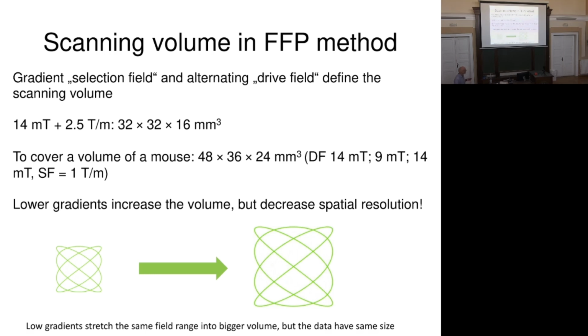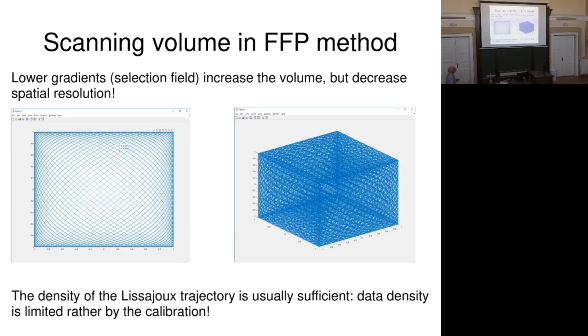And the limit, in fact, is not the Lissajous trajectory, because it's usually dense enough, as you can see here or in 3D, but the main problem is the calibration, the system function.